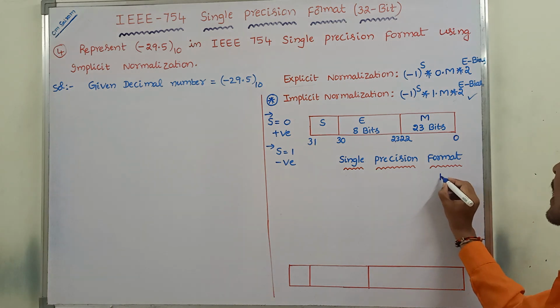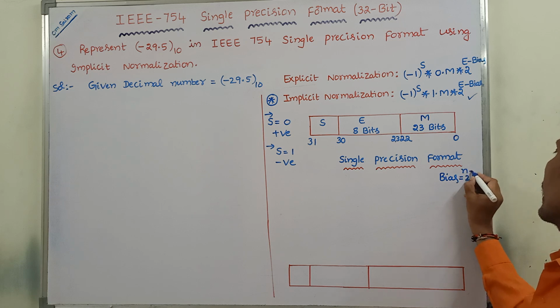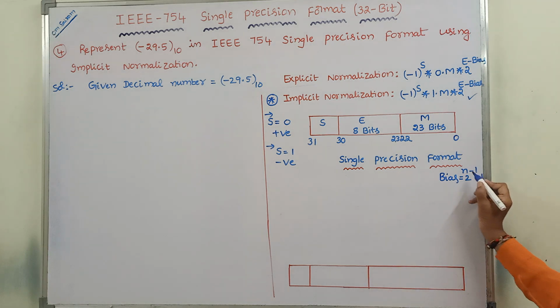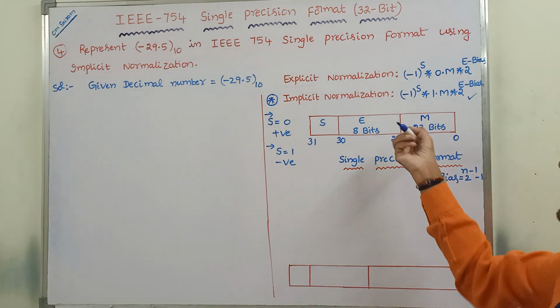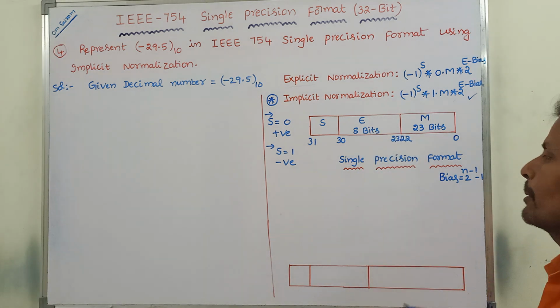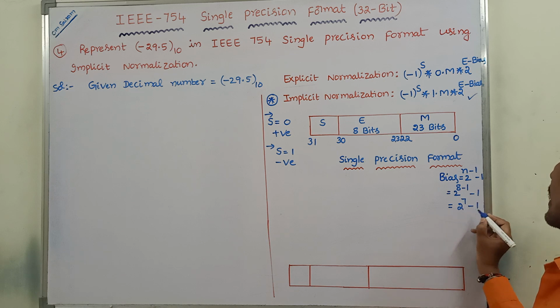How do we get the bias value 127? The formula for bias is 2^(n minus 1) minus 1, where n is the number of bits allocated for the exponent. How many bits are allocated for the exponent? 8 bits. So 2^(8 minus 1) minus 1, that is 2^7 minus 1, that is 127.